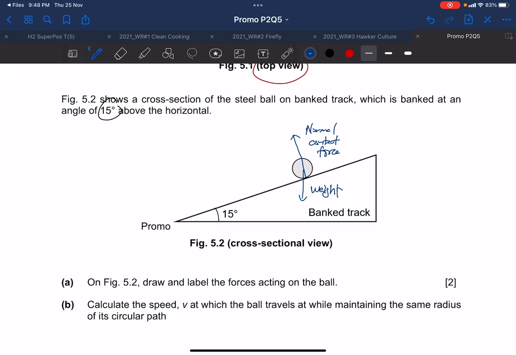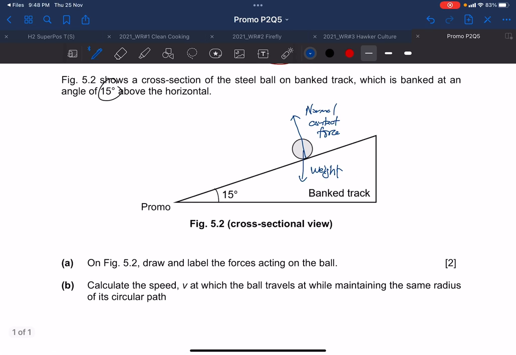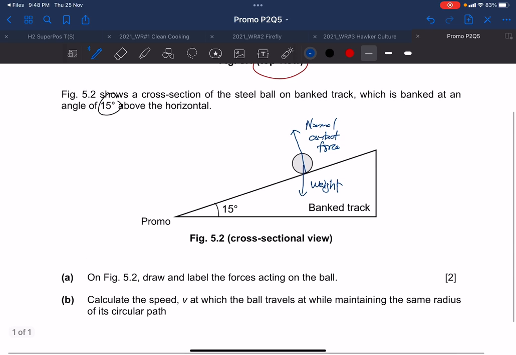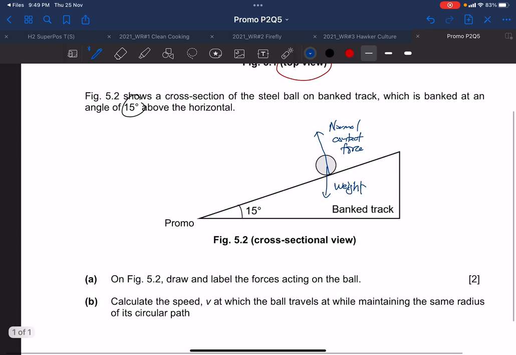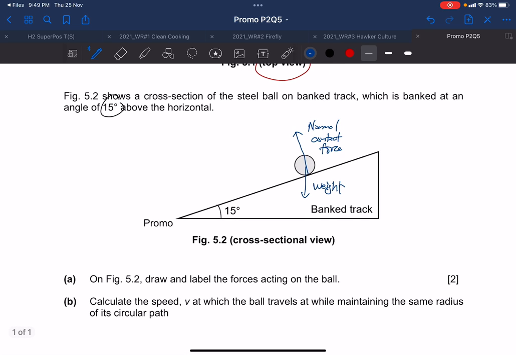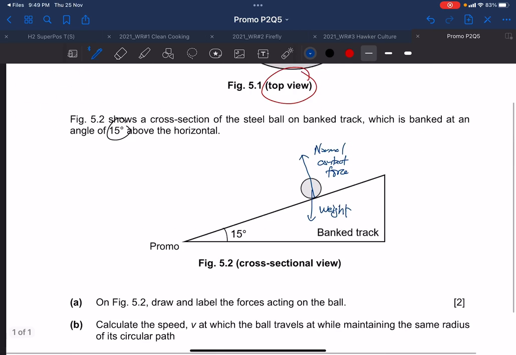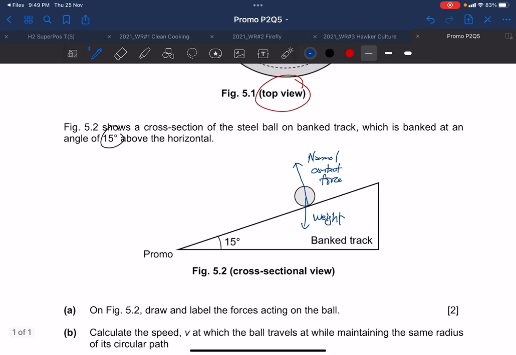Next, we are asked to calculate the speed v at which the ball travels while maintaining the same radius of its circular path. For this one, we need to do a few things first. We need to establish where the center of the circle is. Let's draw another diagram here. I'll draw this path.